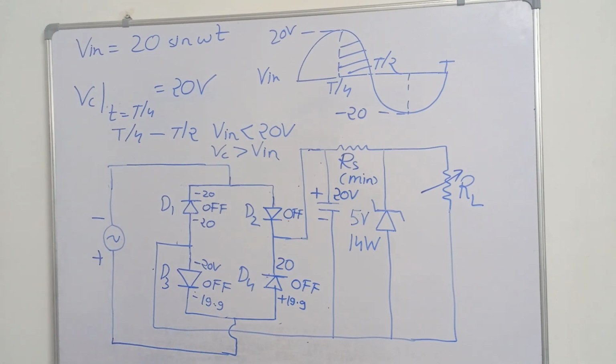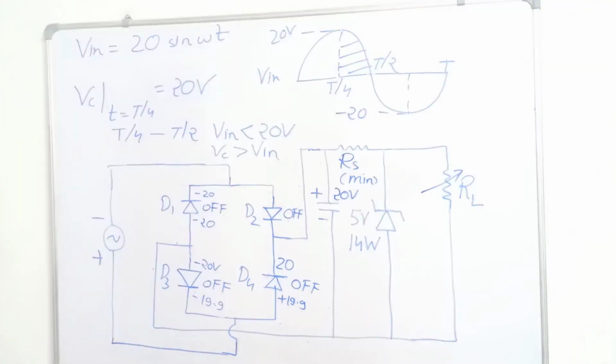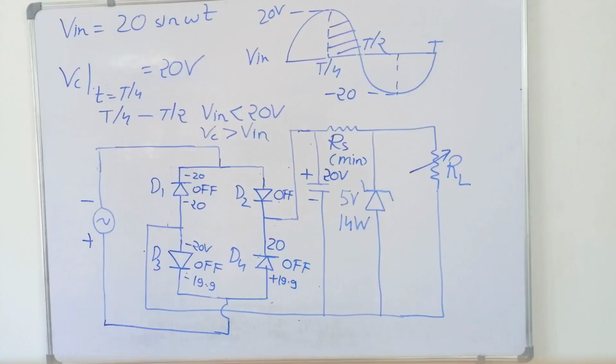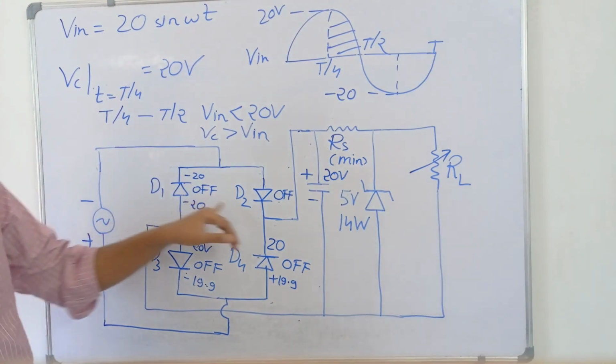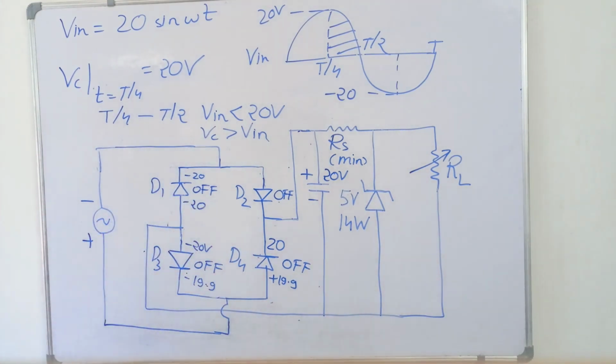So in the negative cycle also all the 4 diodes will be off. D1, D2, D3, D4 will always be off.